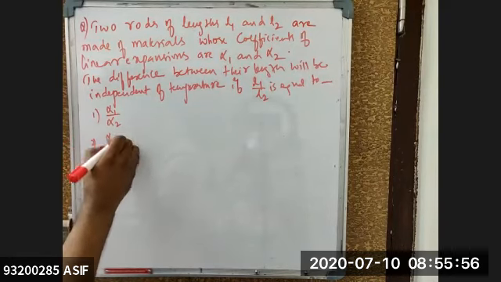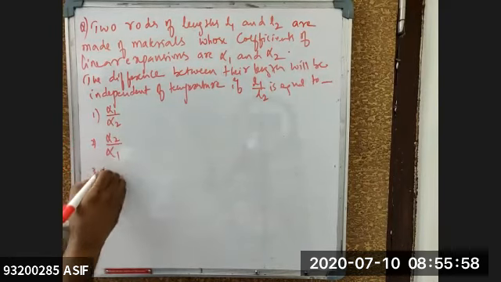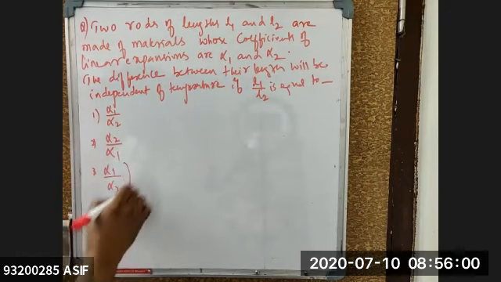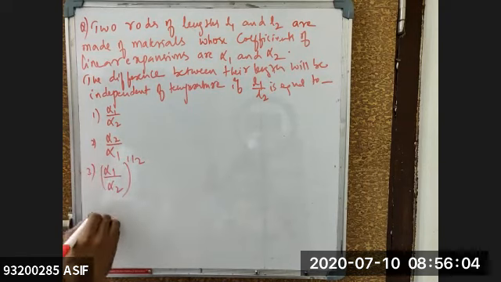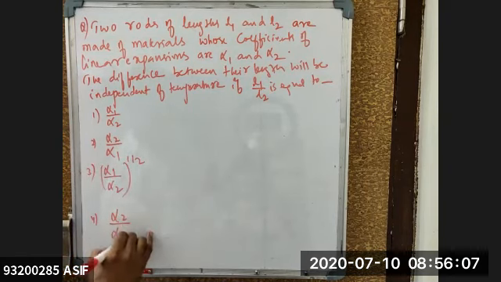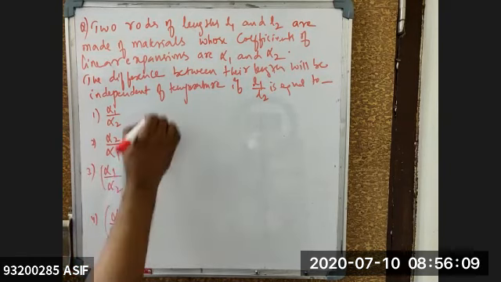Second option is alpha 2 by alpha 1. Third option is alpha 1 by alpha 2 to the power of 1 by 2. And fourth option is alpha 2 by alpha 1 to the power of 1 by 2.